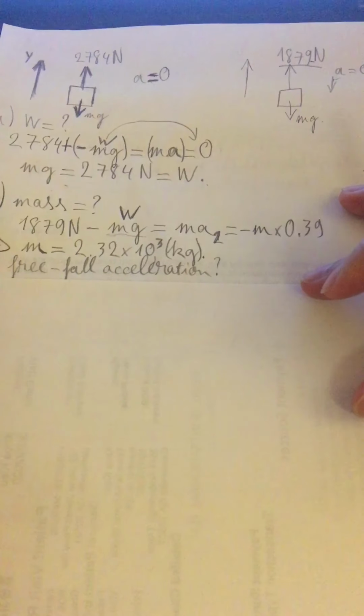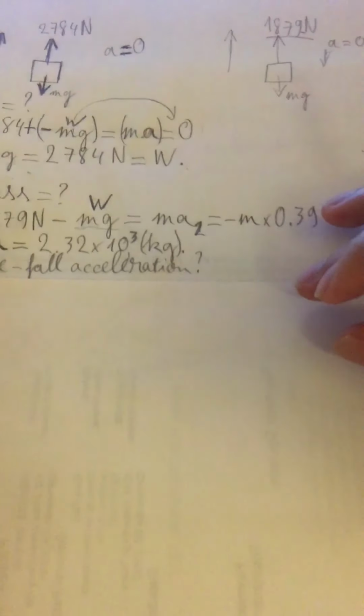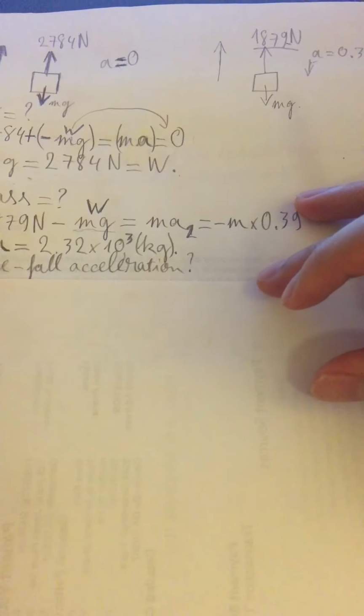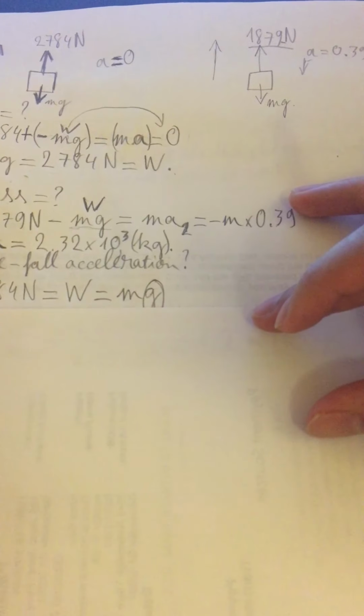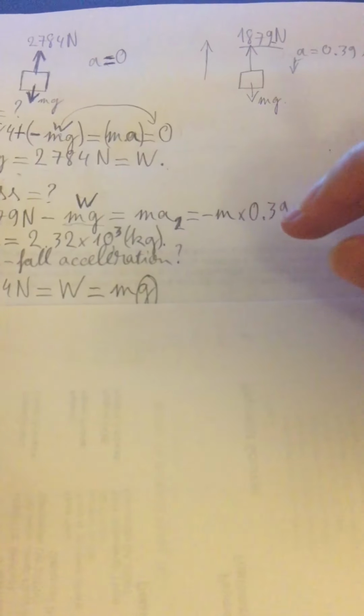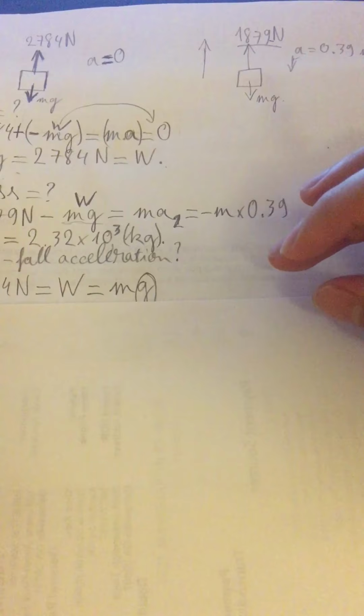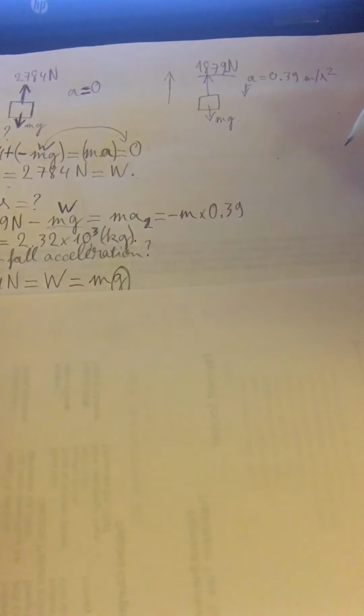So the third question is, what is the free fall acceleration in this case? In this question, I use the weight equation, which is the weight equal to the mass times the gravity of this planet.